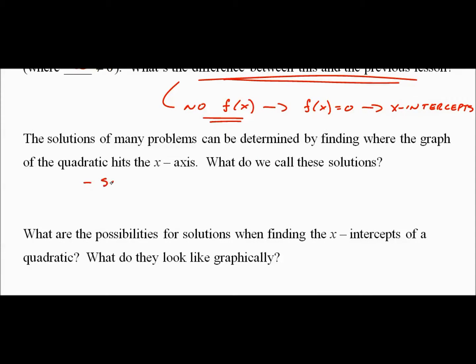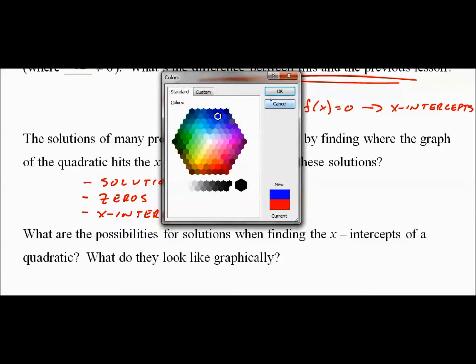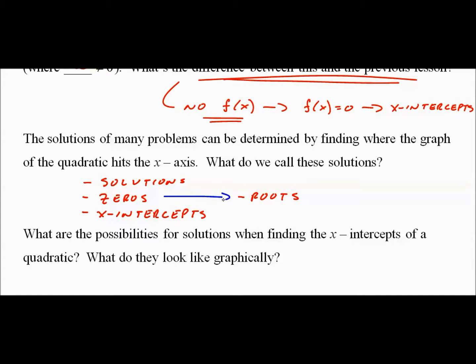We call them solutions. We call them zeros, which is what the calculator calls it. We call them x-intercepts. We call them roots. And these are the two main ones that we're going to use, zeros and roots, although we will use them all.